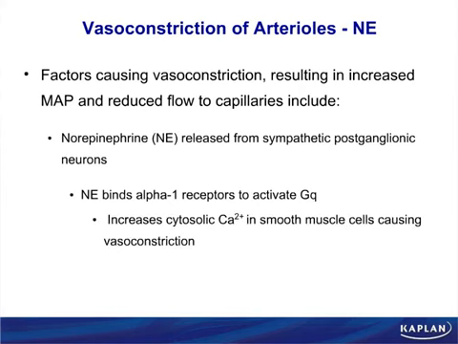Do you remember the signal transduction for alpha-1? Very good. I hope you said Gq. Gq-IP3 releases calcium. Gq, the best dressed of all the G proteins. So norepinephrine binds alpha-1, activates Gq, vasoconstriction, that makes upstream pressure go up, reduces flow to the capillary.